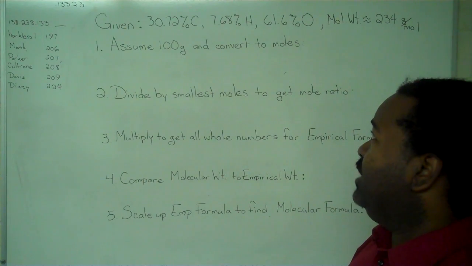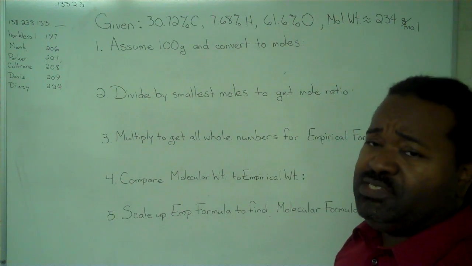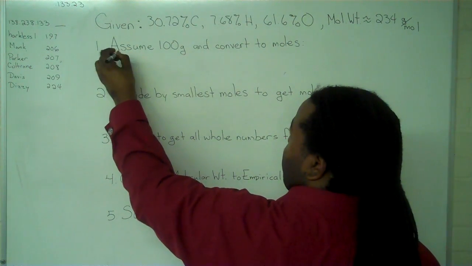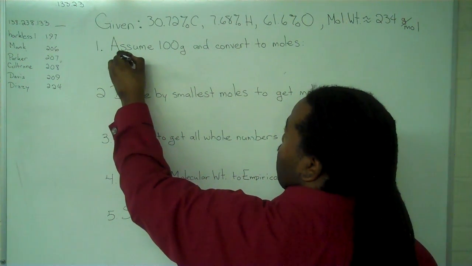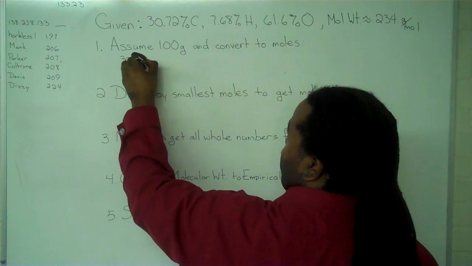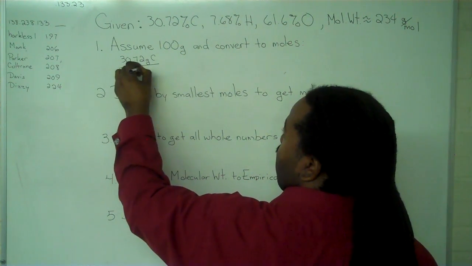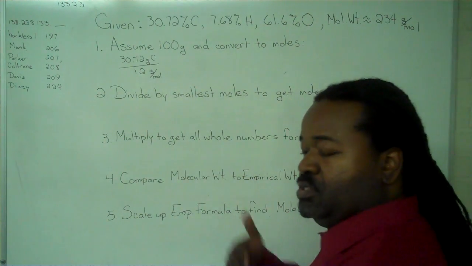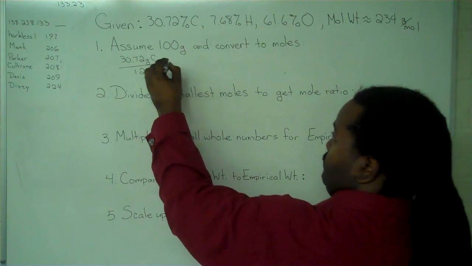So we assume 100 grams because that makes doing the math a lot easier and convert that into moles. So 30.72% of 100 grams is going to be 30.72 grams of carbon. And we can divide by 12 grams per mole, which is taken from the periodic chart.